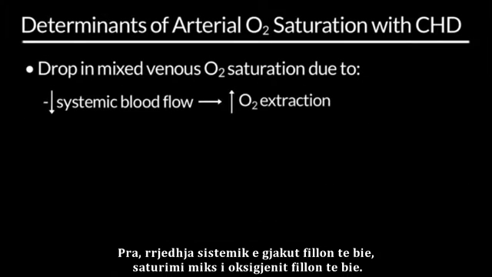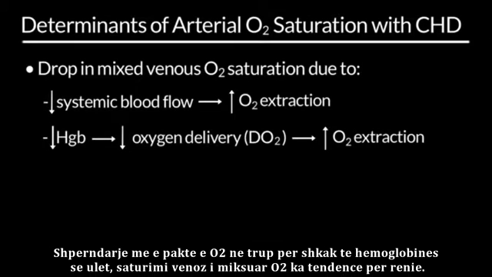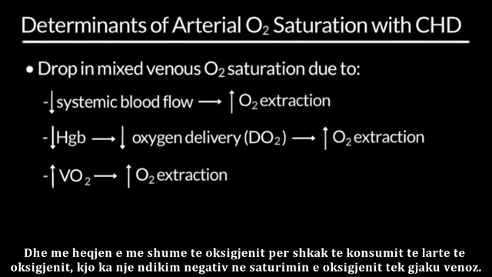So as systemic blood flow falls, mixed venous oxygen saturations also tend to fall. With less O2 delivery to the body because of lowered hemoglobin, the mixed venous O2 saturation tends to fall. And as more oxygen is extracted because of high oxygen consumption, that also tends to negatively impact the oxygen saturation of the venous blood.